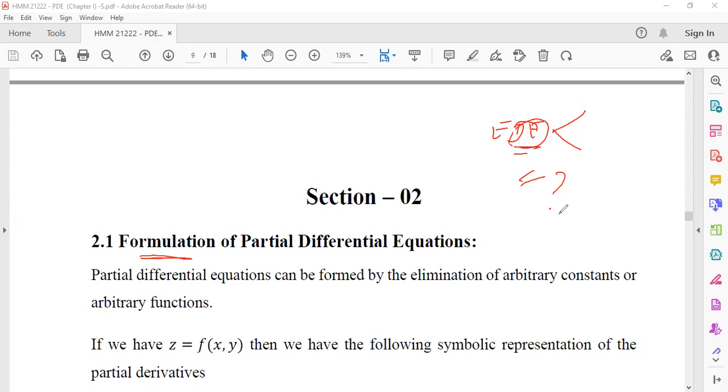No, those are solution methods, how to solve the differential equation.